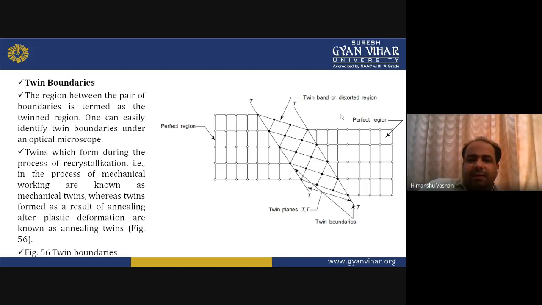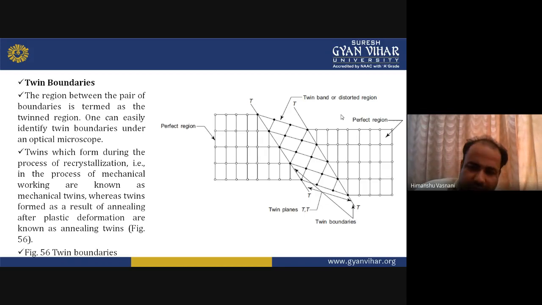And twins which form after mechanical working are called mechanical twins. These are terms used to identify that we got a twin boundary and a twinned region.